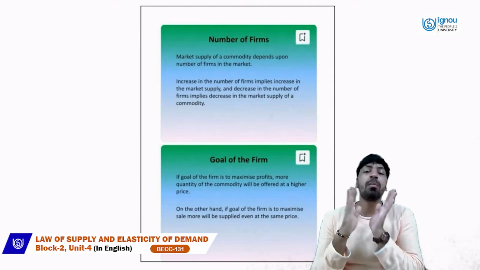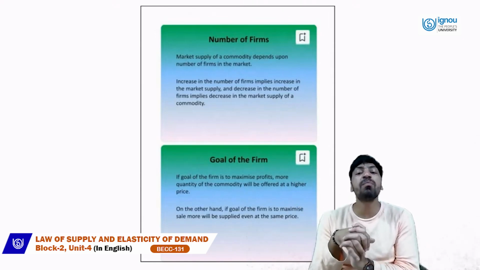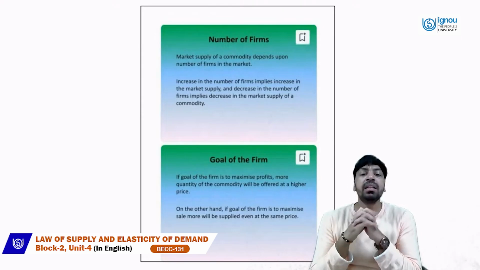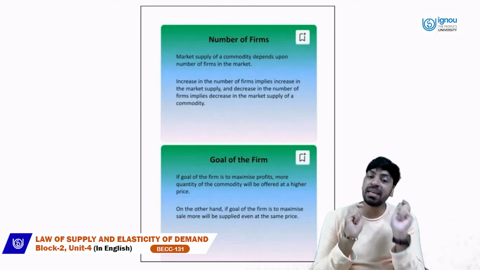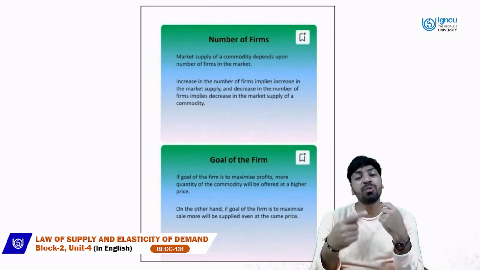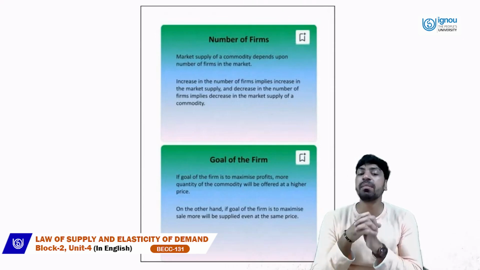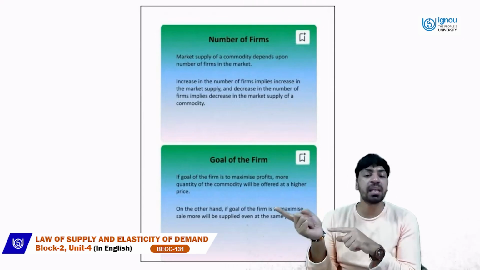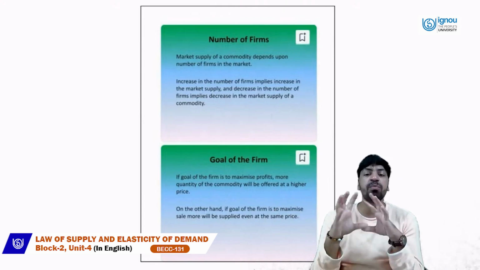On the opposite side, if the goal of the firm is to maximize sales, that means more quantity is supplied at the same price to maximize sales of that particular product. That's called the goal of the firm. So there are two parameters.